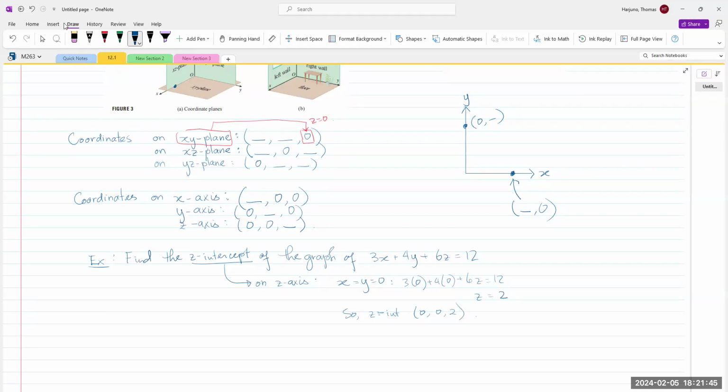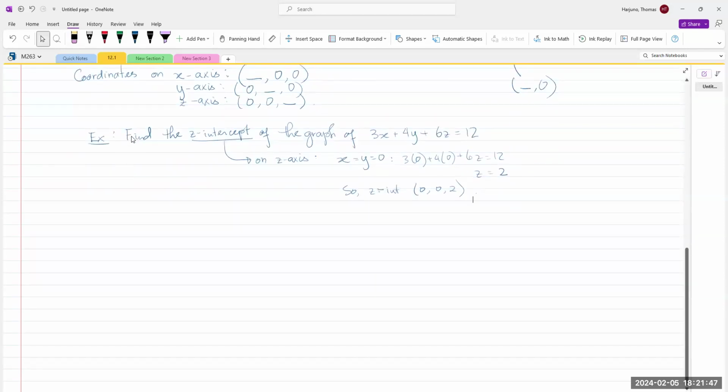Okay, now how about if we have a coordinate not on the planes, not on the axis? Let's see example 2. For example, we want to sketch coordinate P, which is coordinate 3, 2, 4.